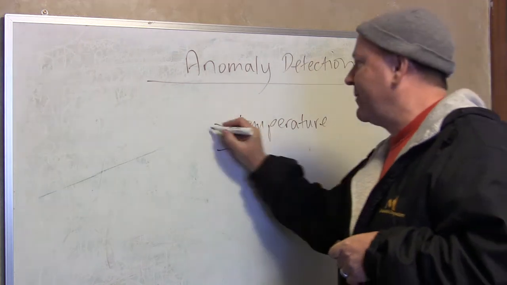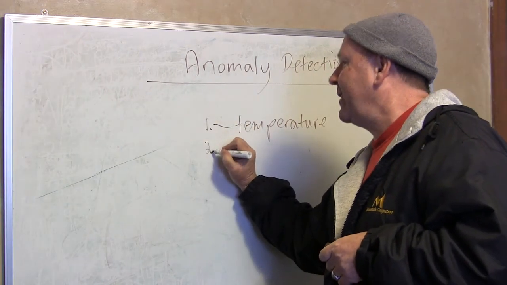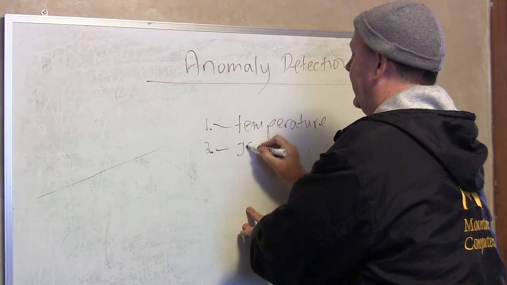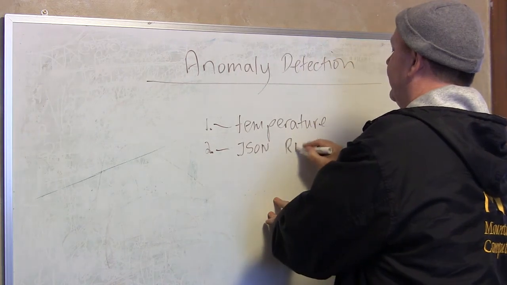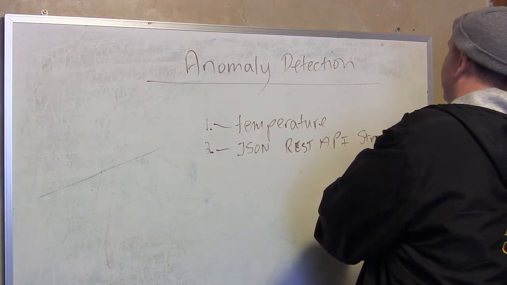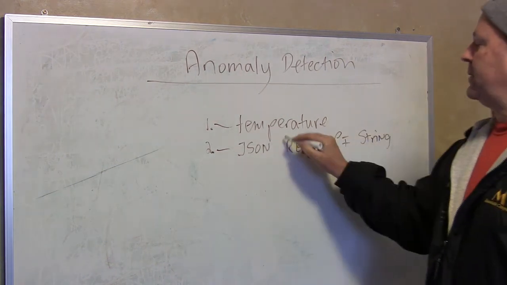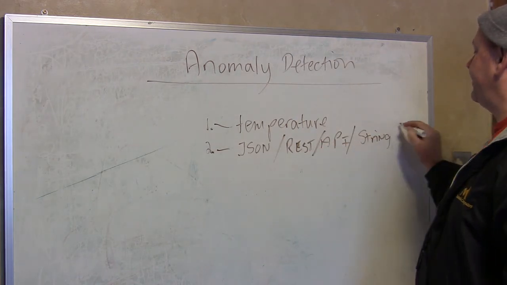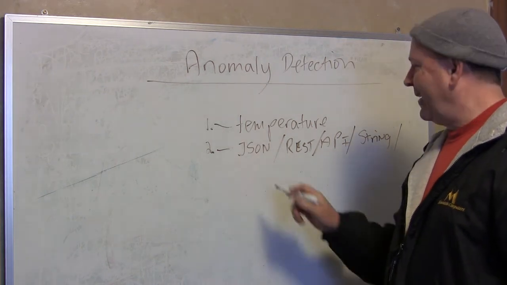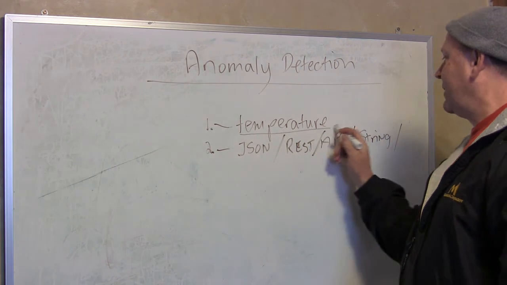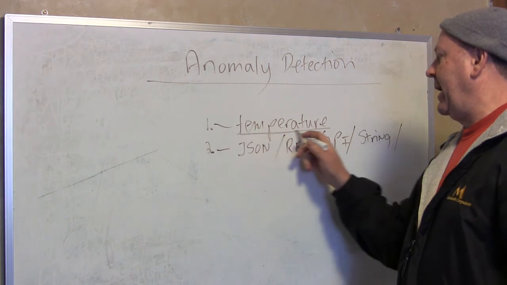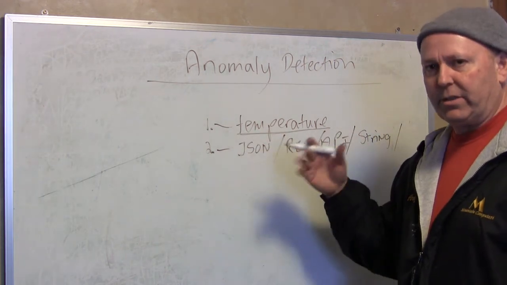The second one, for lack of better, I'm just going to say it's JSON, REST, API, string. It's this stuff. This one here is new. We're going to add this detection without breaking any terms or conditions or anything like that.